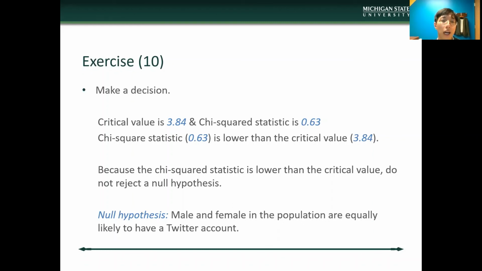Because the chi-square statistic is lower than the critical value, you cannot reject the null hypothesis. In this example, the null hypothesis is that male and female in the population are equally likely to have a Twitter account. So we cannot reject the hypothesis that male and female in the population are equally likely to have a Twitter account.